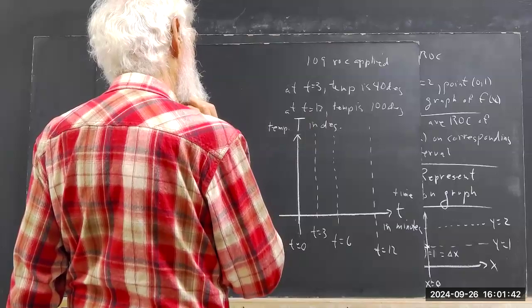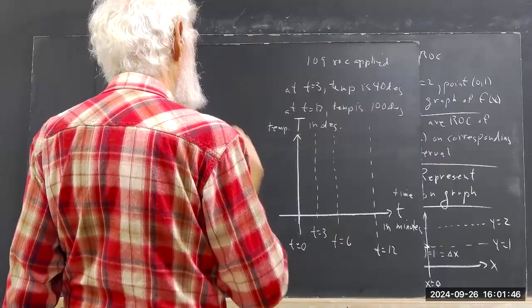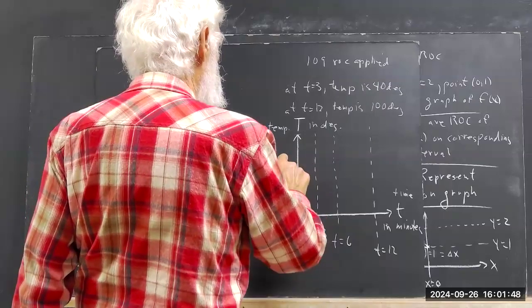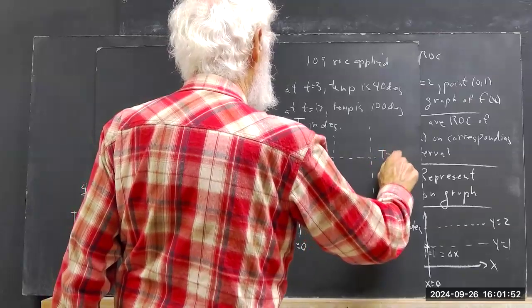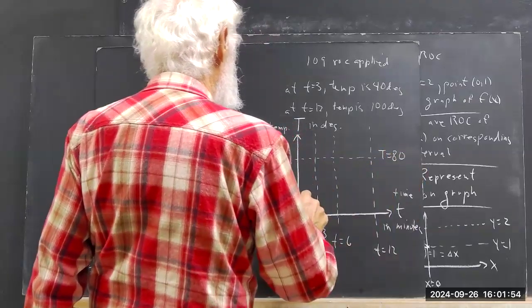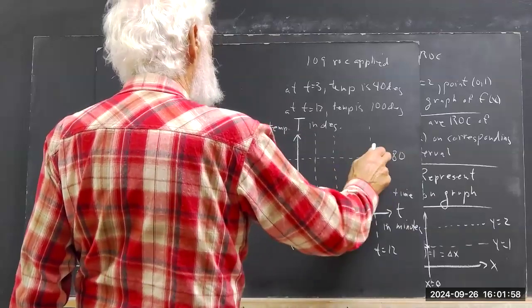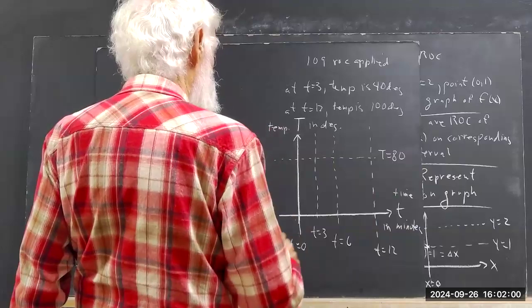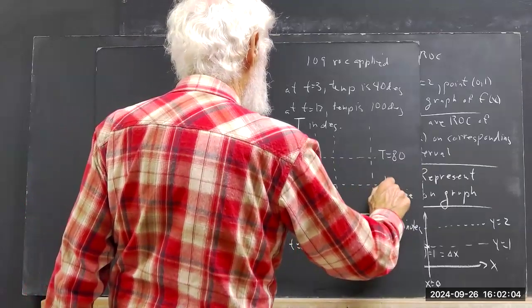If t equals 3, it's 40 degrees. What I'm going to do is put 80 degrees here. So T equals 80 means the temperature is 80 degrees. So now I can get 40 degrees right here.